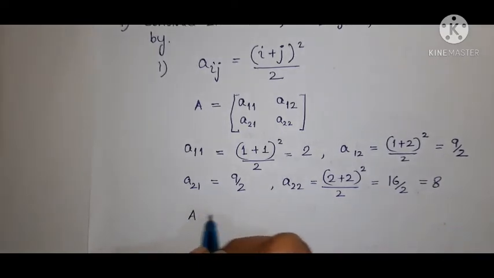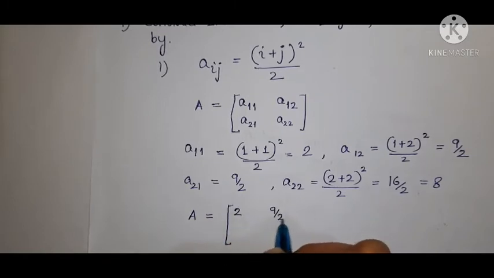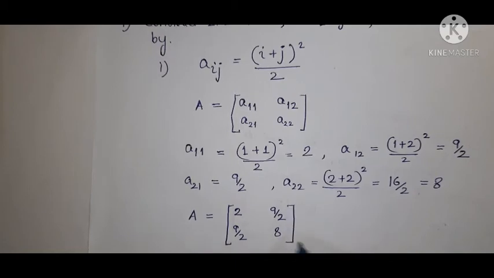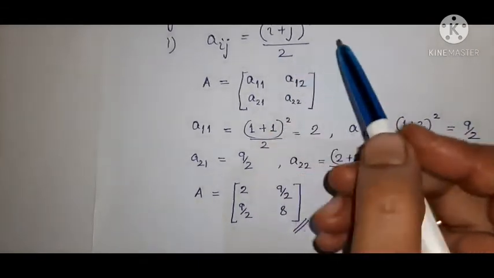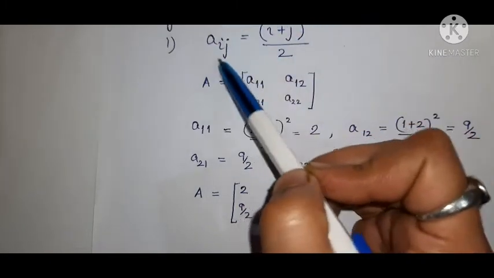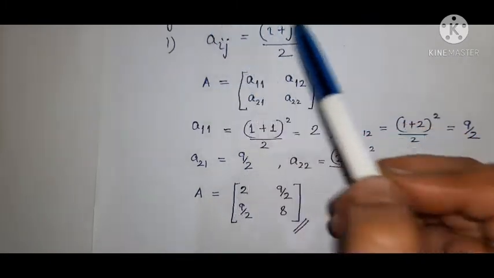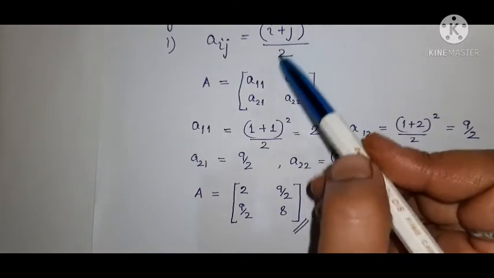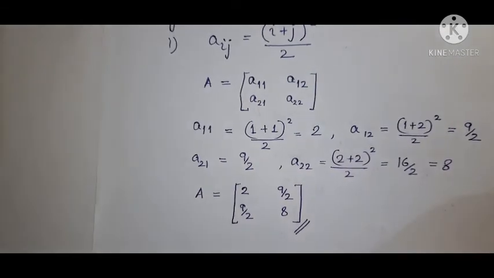So our final matrix will be 2, 9 by 2, 9 by 2 and 8. This is our final answer. In this way, the element is defined in this form and you have to find the different elements of the matrix.